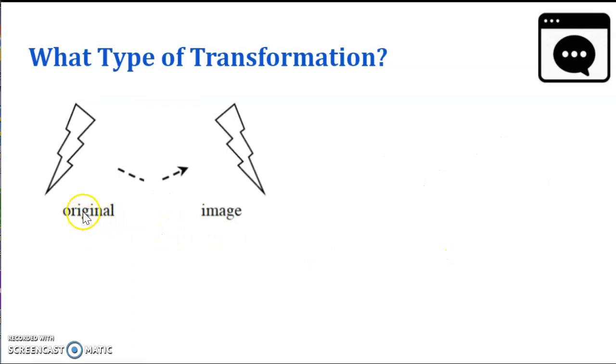All right, then what about this one? We have the original here, and this is after the transformation. It went from left to right. What do you think is happening? Well, looking at it, the shape is the same, the size is the same, so it is a transformation, but the location is different, and also the orientation has changed. That means this is not a translation, so it's either reflection or rotation. Which is it? Looking at this edge, it goes from the top, into the shape, out, into the shape, and out.